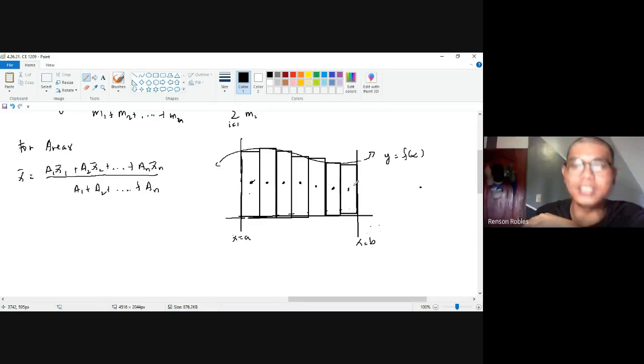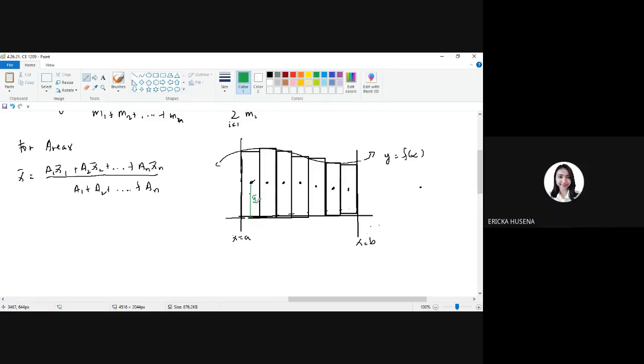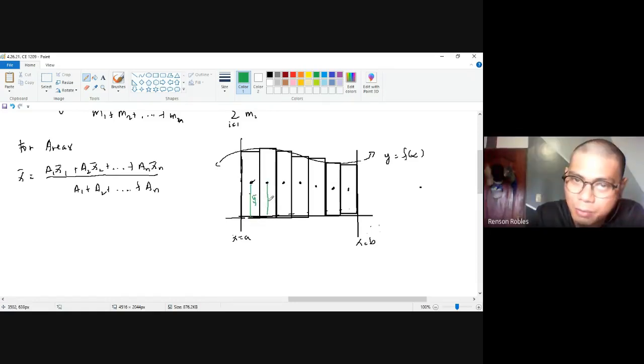At the center of each rectangle. And then we draw the distances. From here is your bar y. Bar y1, bar y2, bar y3, bar y4. Can you follow? Bar y5, bar y6, and bar y7.